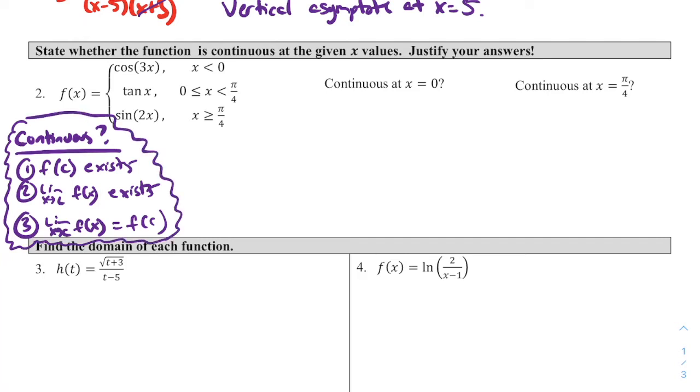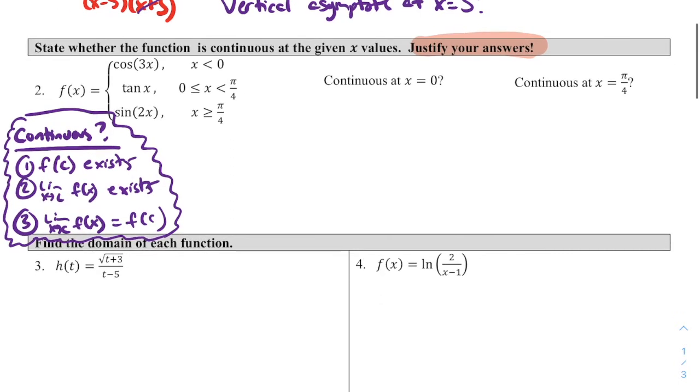So if I am justifying my answers like this says, I should be bringing in those particular aspects of this problem. With that said, let's start with this first one. Is it continuous at x equals 0? Well, I notice that there's these 2 parts here. The 2 parts of my piecewise function are involving this x equals 0 or around 0.